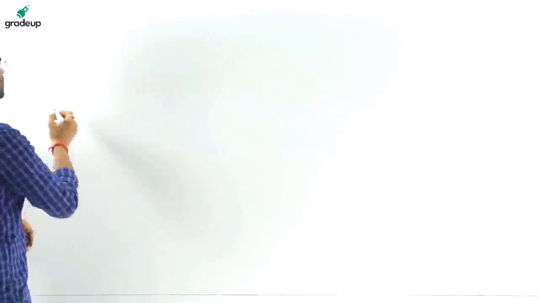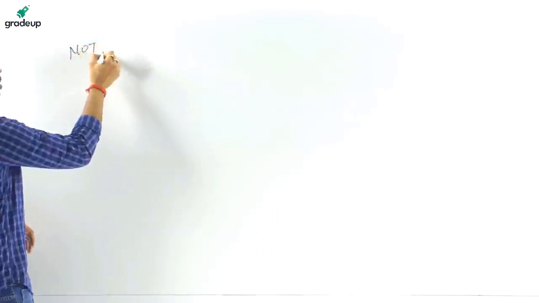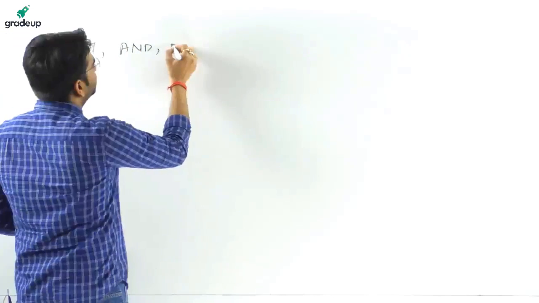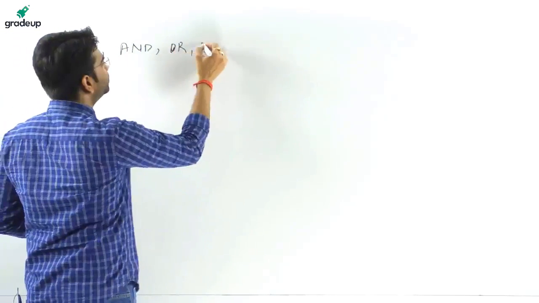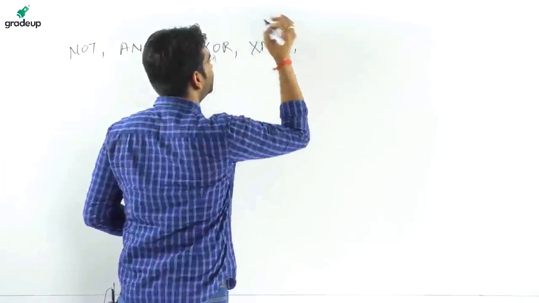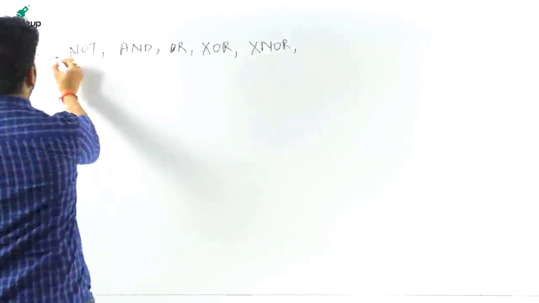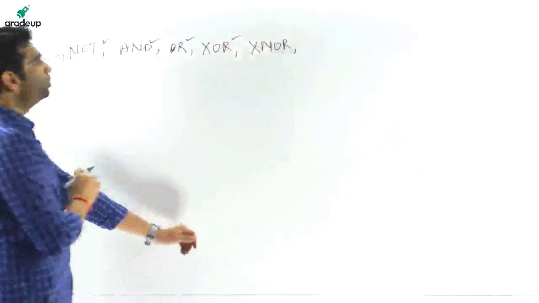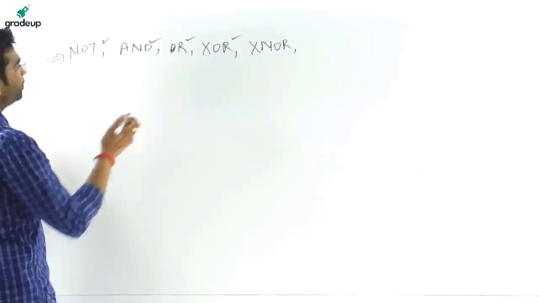We have basic functions like NOT, AND, OR, XOR, XNOR. These are basic functions. We have done NOT, AND, OR. Now let us go to XOR.